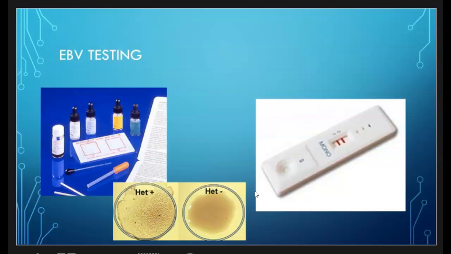These methods have been replaced with rapid latex agglutination and immunoassays. We should note that adsorbed means the antibodies in the serum are sticking to the antigens on the guinea pig kidney and beef red blood cells. Paul and Bunnell created this method, and it was named after the two American physicians who devised this test in 1932.